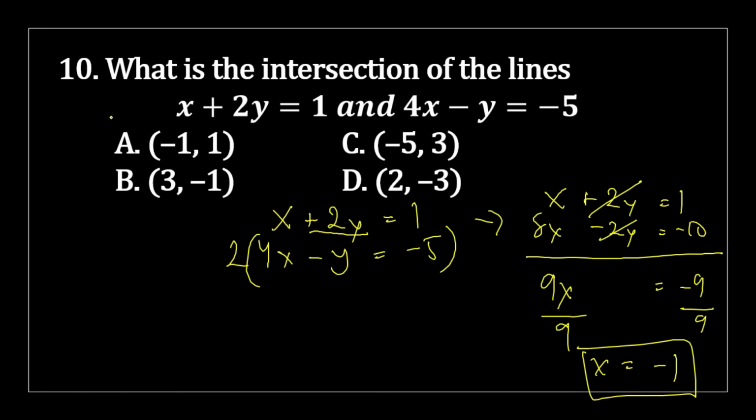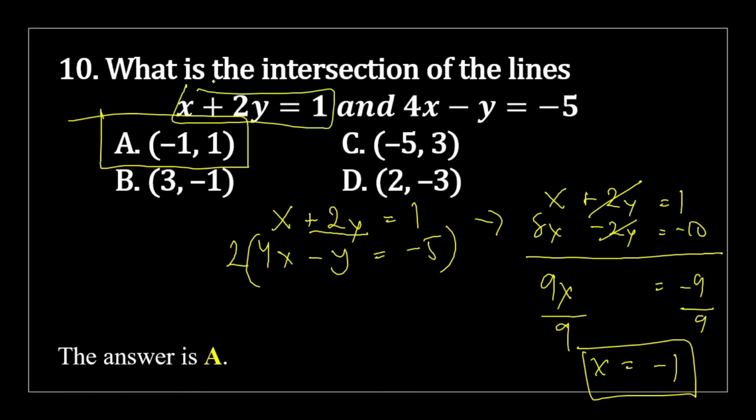Now if you look at the choices, only letter A has a value of negative 1 for x. So if you're under time pressure, which is always the case, you should choose answer A for this question. But if you want to double check it, you just choose one of the equations.